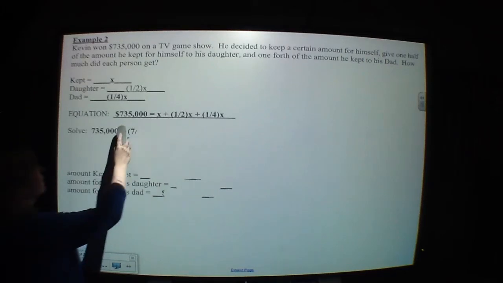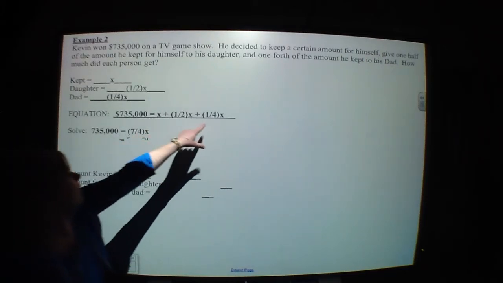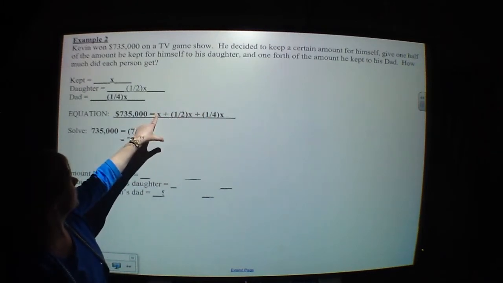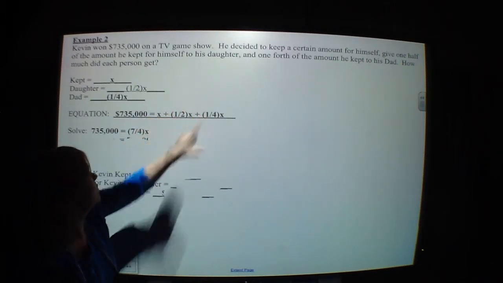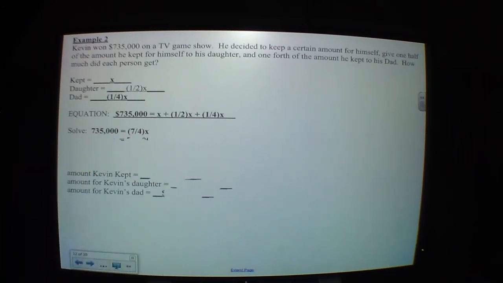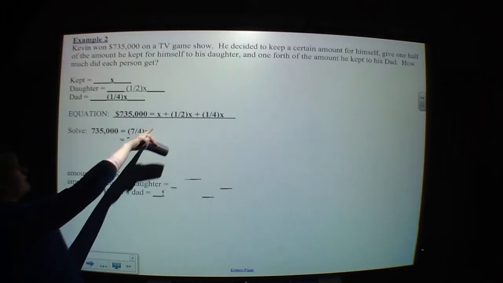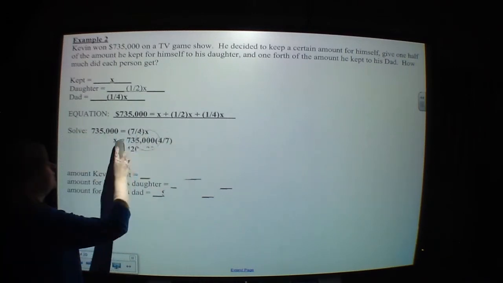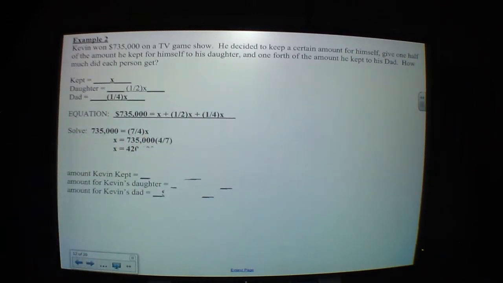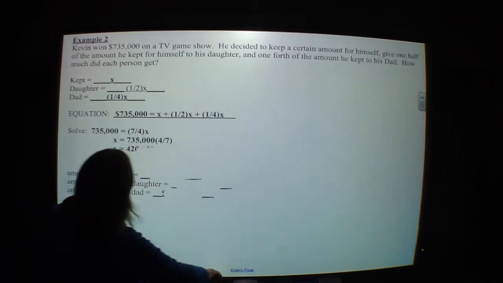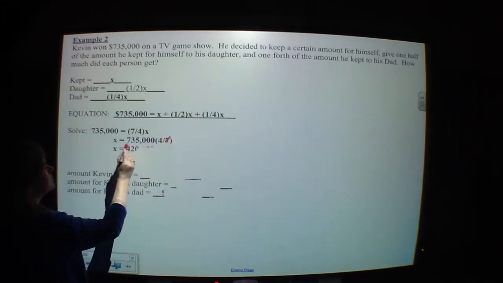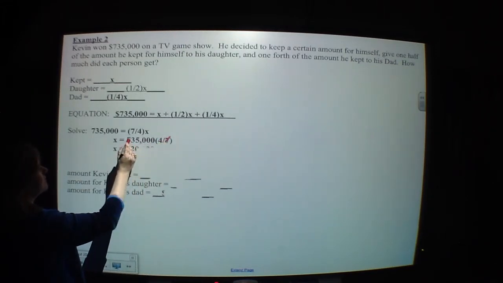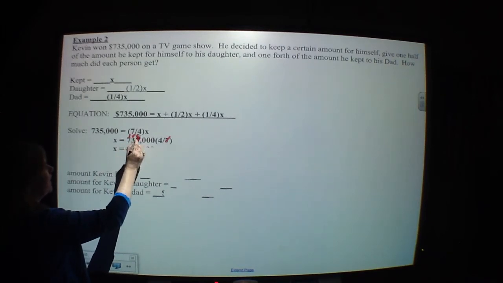735,000 is equal to, and this is 1/4, this is 2/4, this is 4/4. 4/4 plus 2/4 plus 1/4 is 7/4. So 735,000 is equal to 7/4 X. Multiply the top and bottom, 4 over 7, 4 over 7. That way you'll get X. And the easiest way to do this without a calculator is 7 goes into 735,000, it goes in ones, 0, 5.